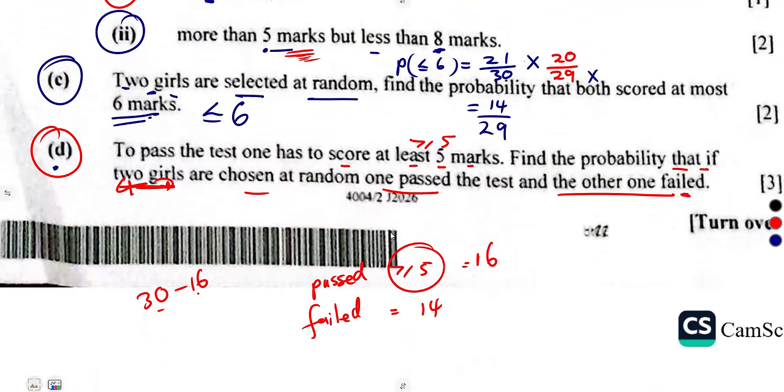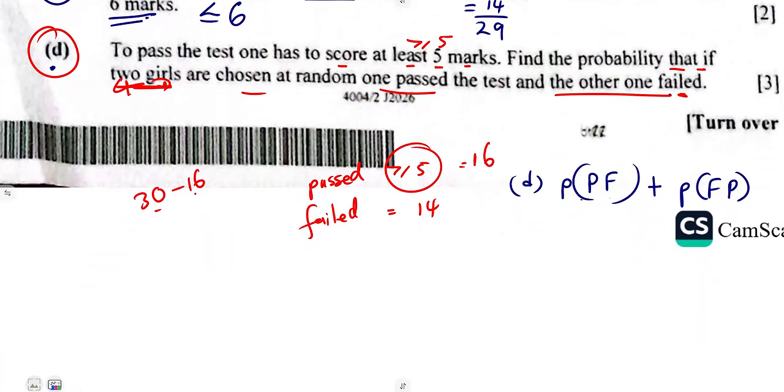So to find this probability on our part D, you're going to say that we need where there is a pass and a fail. So it's probability of pass, fail, plus fail and pass. So this is the condition that you're being asked there. So the probability to pass is 16 out of the total, which is 30, times the probability to fail, which is 14.